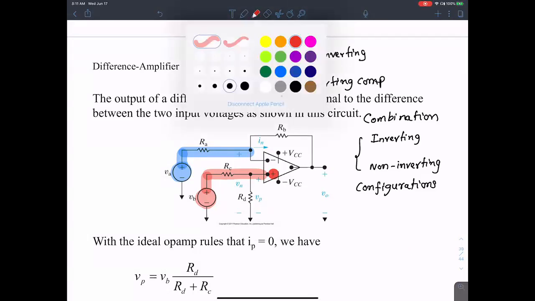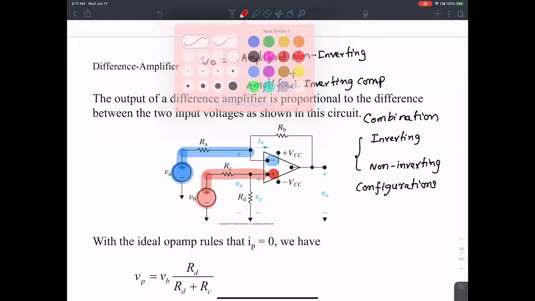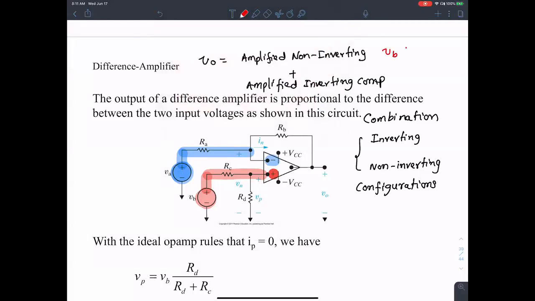What do I mean by inverting component? I'm applying VA to the negative terminal. So I should see some fraction of VB being multiplied by some gain that is positive, and I should also see some VA. Here is VA, all right?